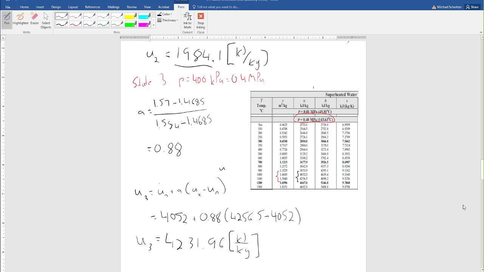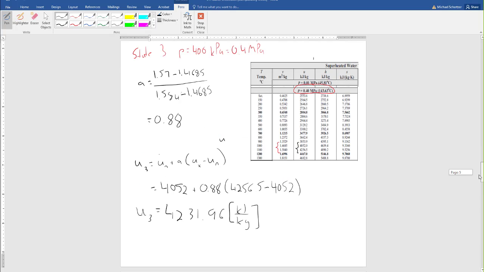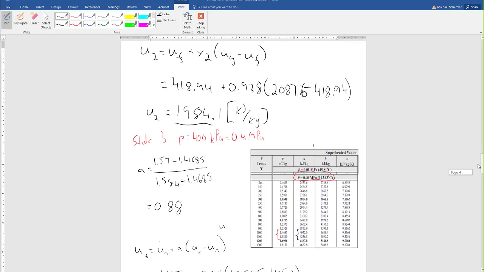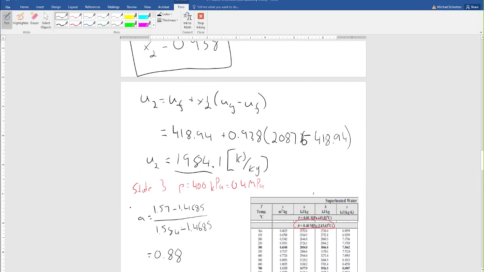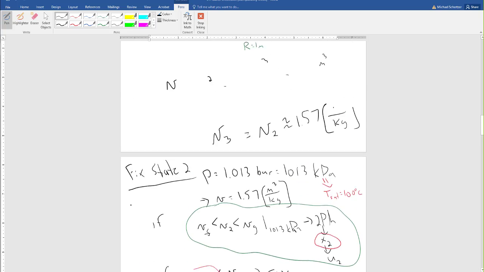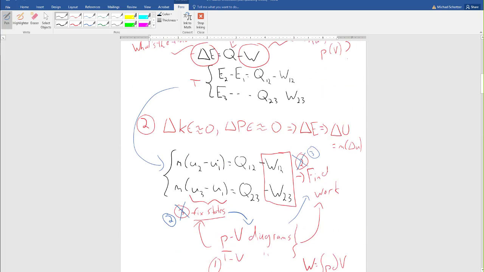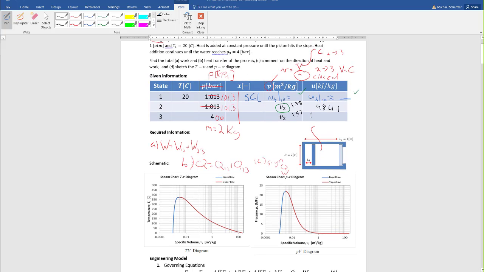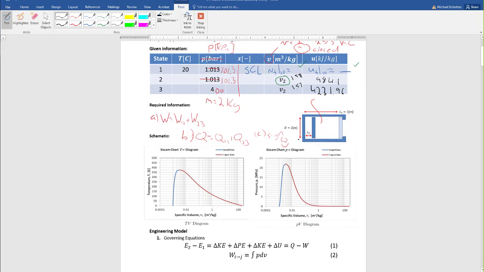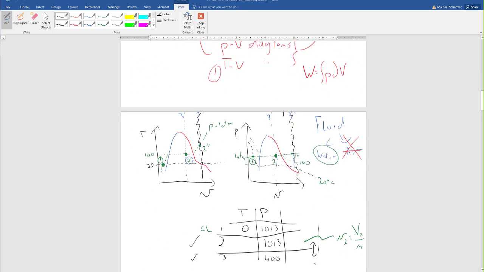So now we fixed all our states. So this is good. UF, I can just grab this from the table as well.